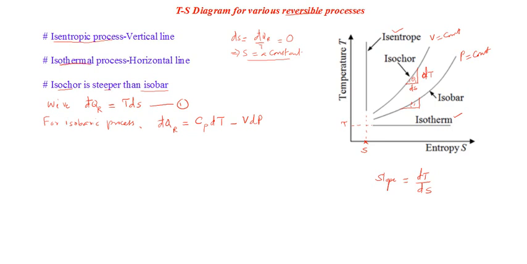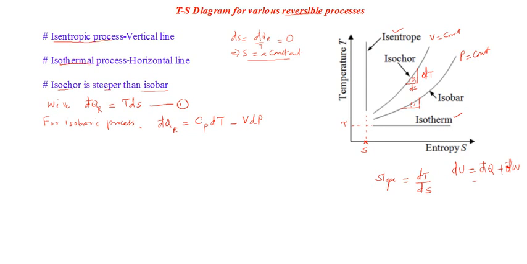d̄q_r is equal to dU plus dW. We have seen dU is equal to d̄q plus d̄w.